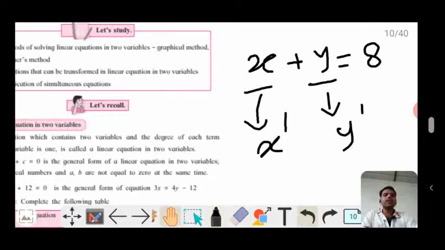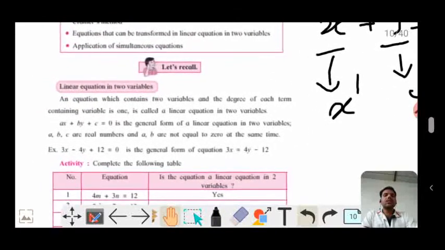So let's see what is next. ax plus by plus c is equal to 0 is the general form of a linear equation in two variables. So how can we write the general form of any linear equation in two variables? For that we consider the example.